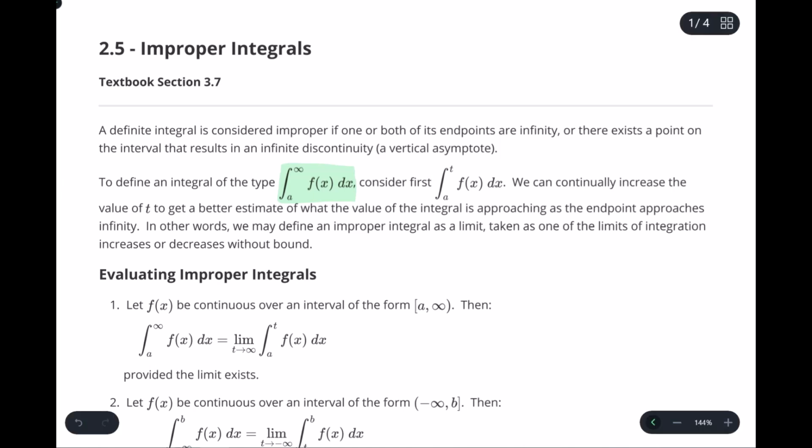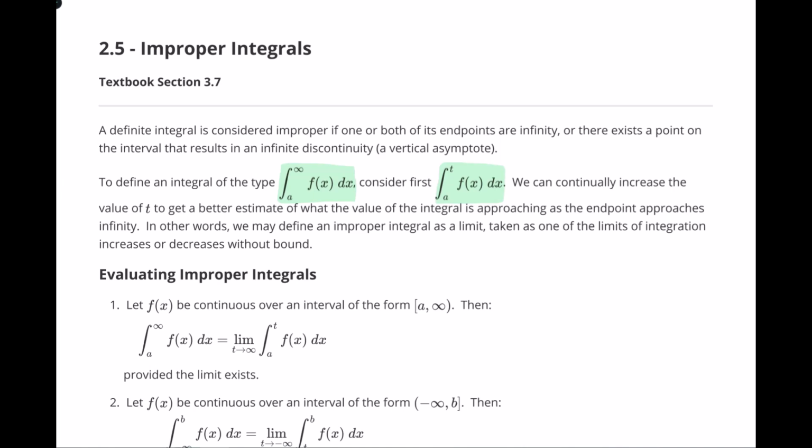So we have to consider an integral of the form f of x integrated with respect to x from a, the starting point, which is non-infinite, to t, so a finite value. So it could be from a to 100, then a to 1,000, a to 10,000, and so forth.